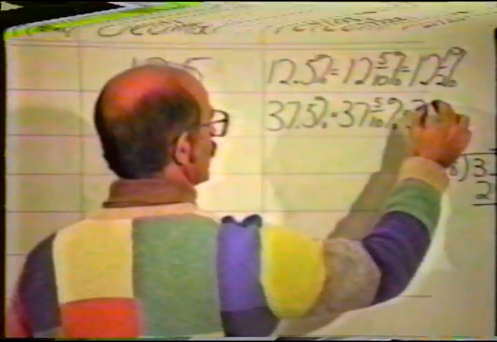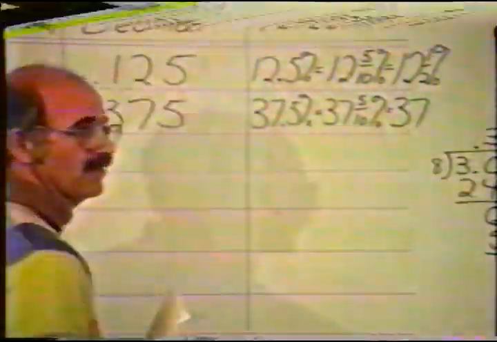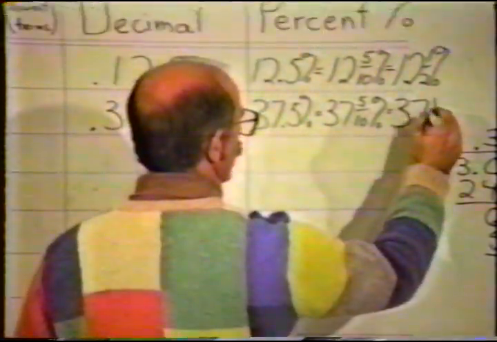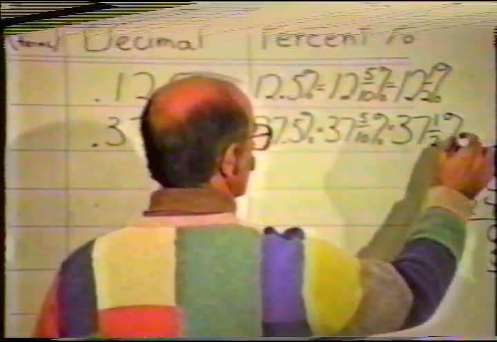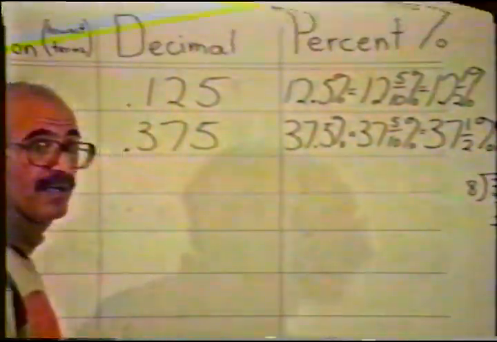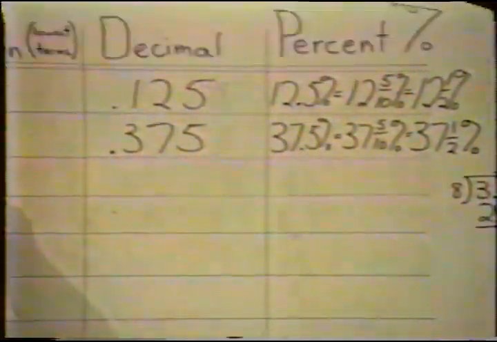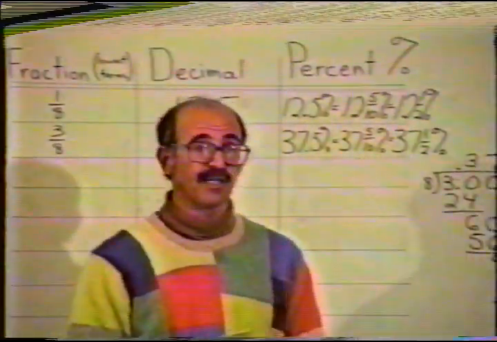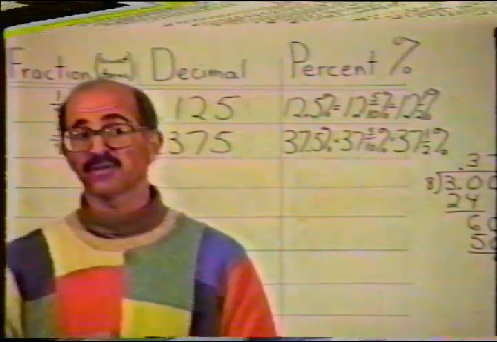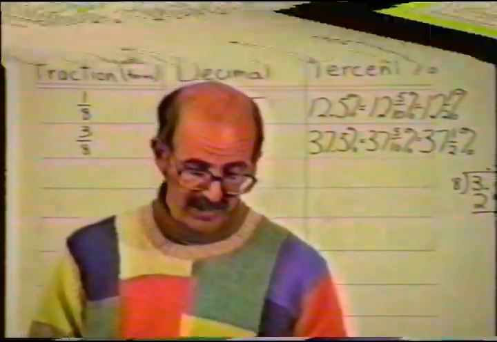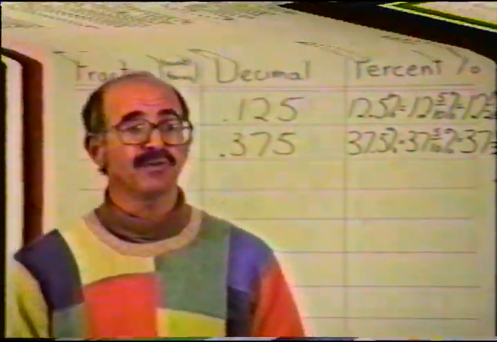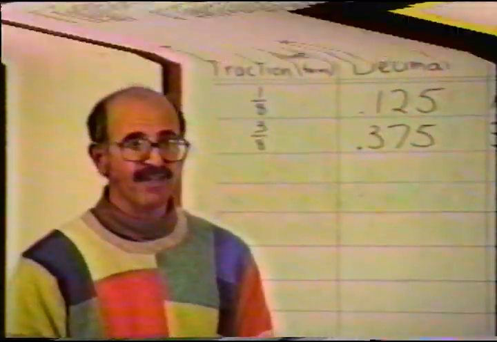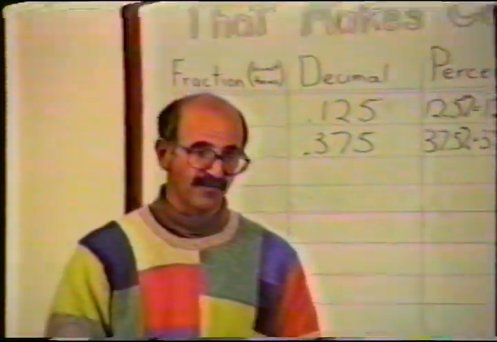And the 5/10 again can be reduced to what? 1/2. So as you can see, it was quite a bit of work to find out that 3/8 is 37 and 1/2%. So you need to memorize it so you'll never have to do that work again. Now, on your own, with your worksheets, do the work for 5/8 and 7/8.